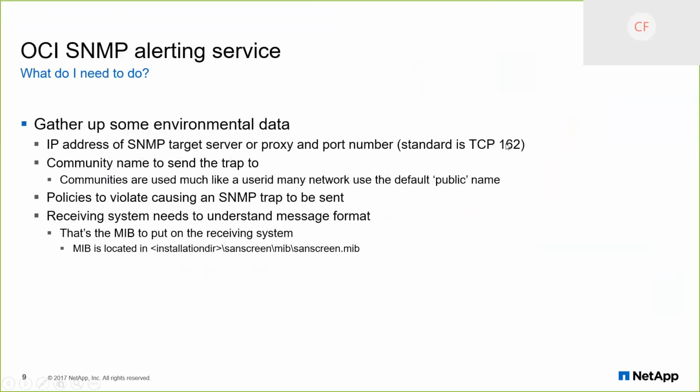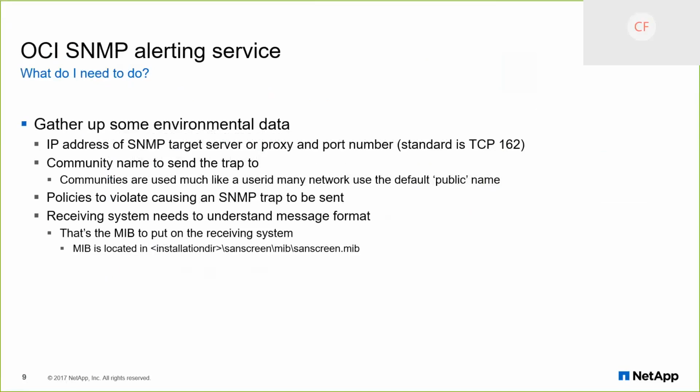Then there's a thing called a community name. In the early days of SNMP, community names were almost like a user ID. They identified a group of systems that were supposedly reporting into the SNMP management server, and the security was weak, to say the least.